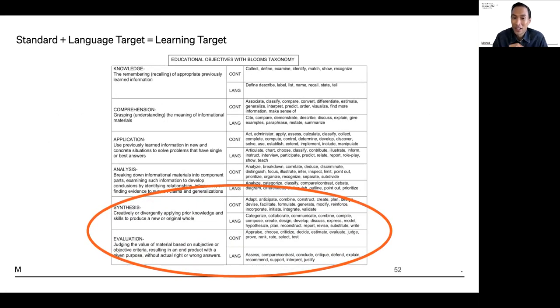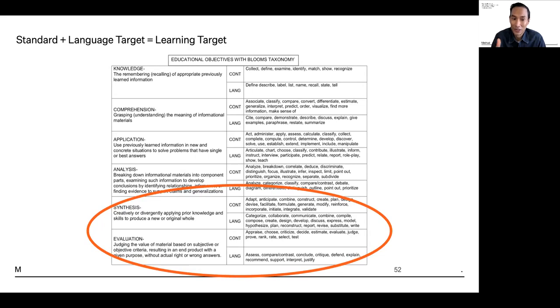When I saw this chart, I was blown away because it combines the Bloom's taxonomy, but also the language demands. So for example, at the very top, you have knowledge: collect, define, describe, label, right?